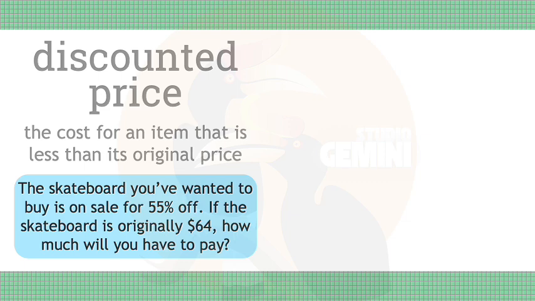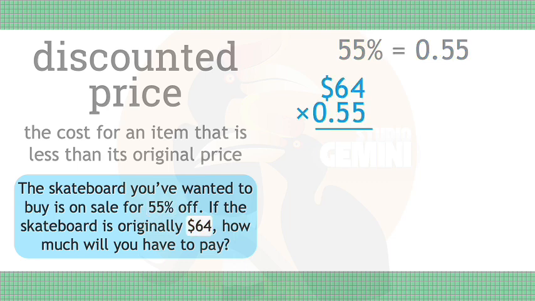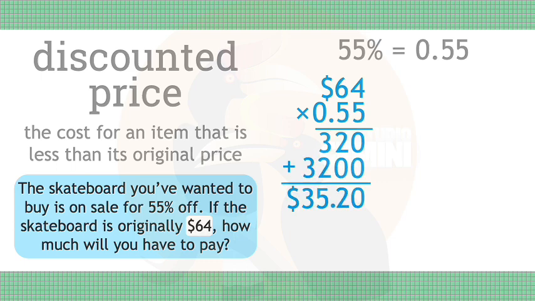Just like in the other situations, we first write the percent as a decimal. 55% is equal to 0.55. Then, we multiply the original price of the skateboard, $64, by the decimal 0.55. 64 times 0.55 is $35.20. Don't forget, though, that $35.20 is the amount of the discount.